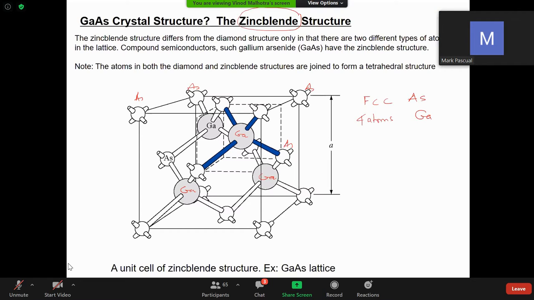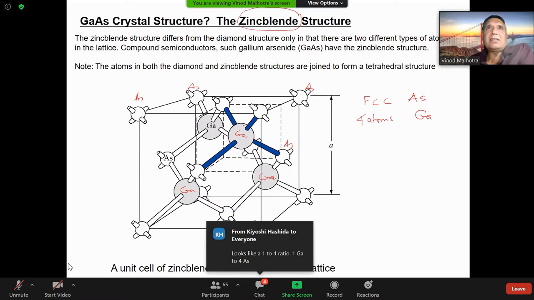There are electrons, or they share electrons when they bond. But we are talking about the number of atoms, though. If you started counting the number of atoms, how many arsenic atoms are there? 8 corners and 6 faces.